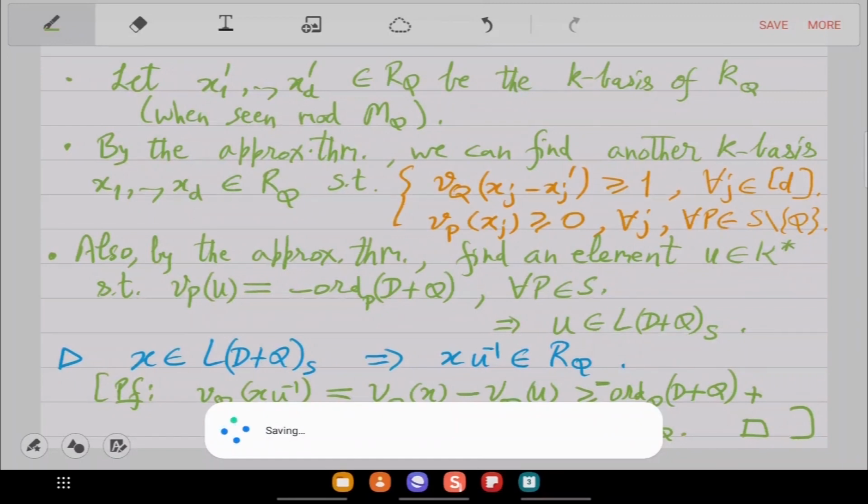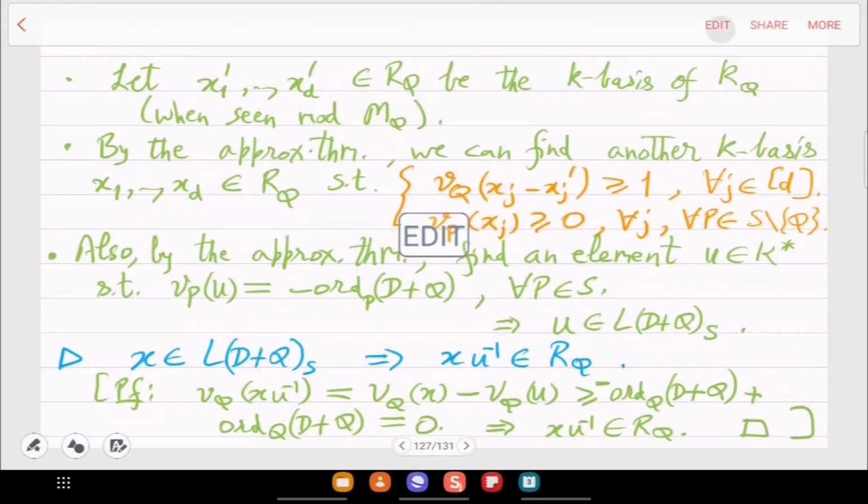So it is just a scaling function which allows you to bring everything in the L d plus q sheaf to the ring of germs. And so now you can already imagine how the proof will work.